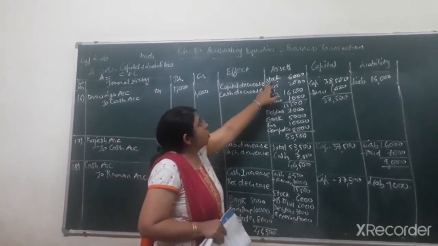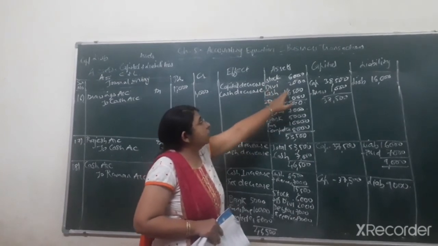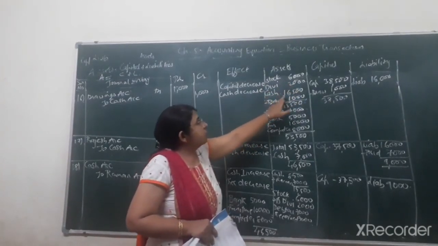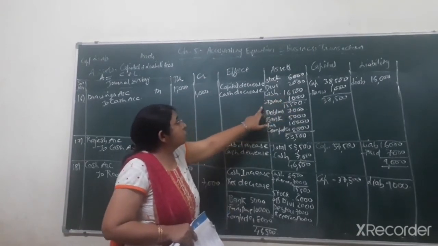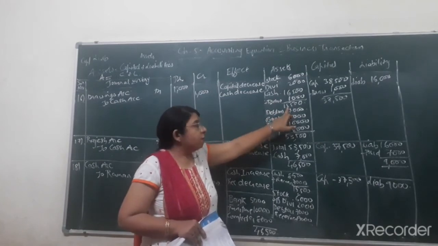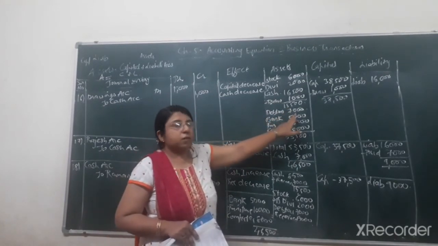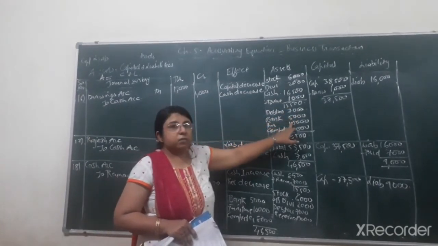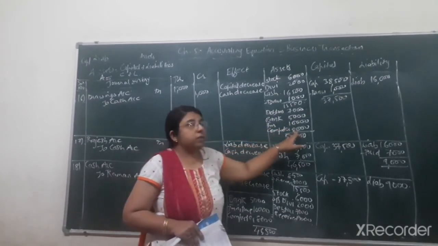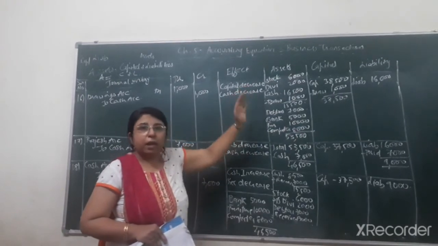Here you can see stock as it is, 6,000, outstanding dividend from the last transaction as it is, 2,000, cash balance that was 16,500 minus drawings, 1,000. So now the balance of cash is 15,500, debtors 7,000, bank as it is 5,000, furniture 10,000, computer 8,000 as it is from the last transaction.